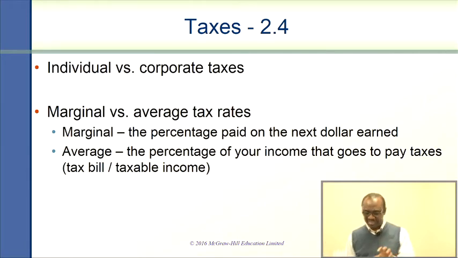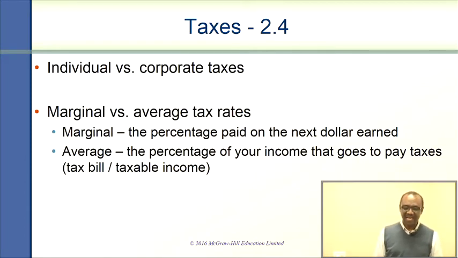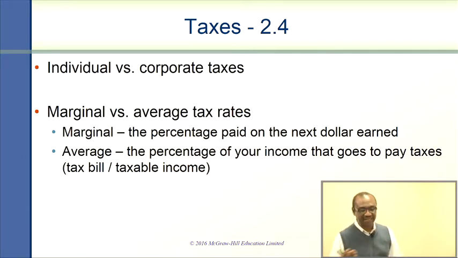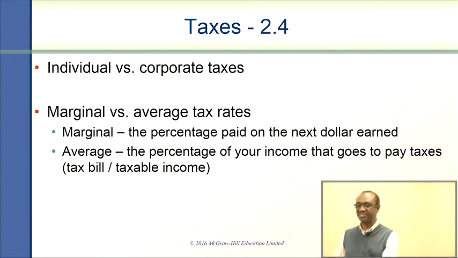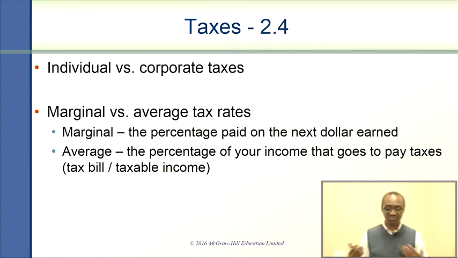What is really important for the purpose of our class is the area of capital cost allowance, which we call the CCA. We're not looking at individual taxes, rather we're looking at corporation taxes. So corporation tax is what will be relevant for our class.